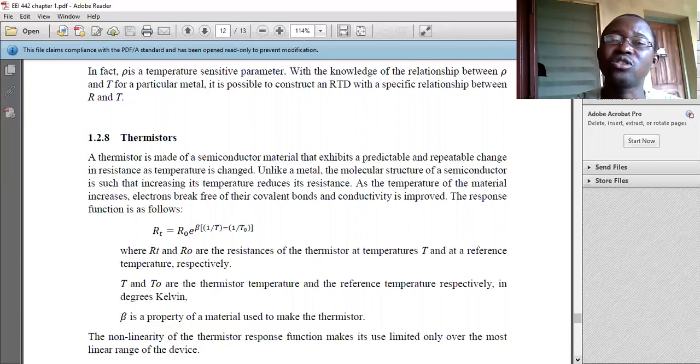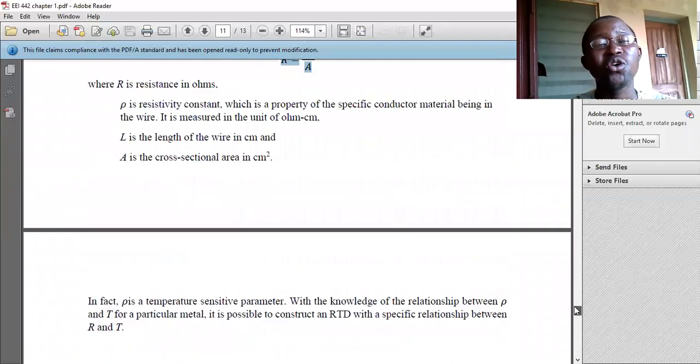So we construct RTD based on this principle. It's a specific relationship between resistance and temperature, so that as temperature increases, resistance increases. For that reason, the device is used to detect increase in temperature. That is why they call it resistance temperature detector.